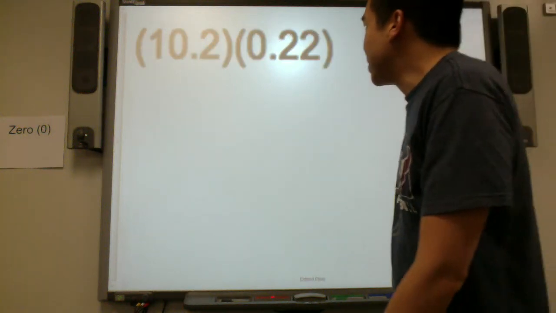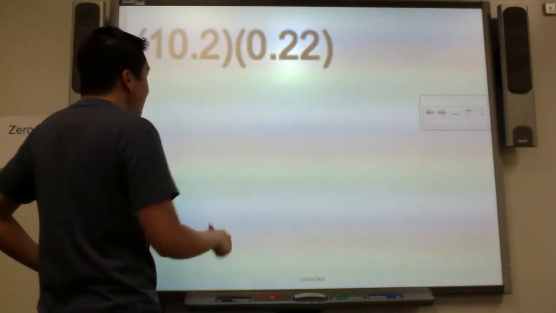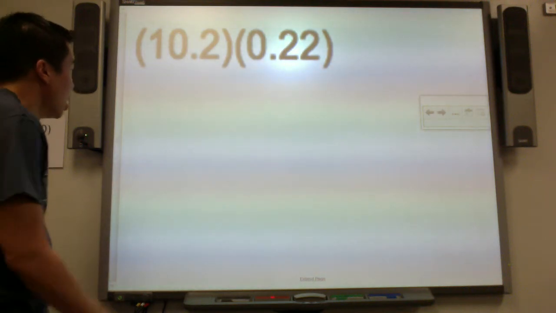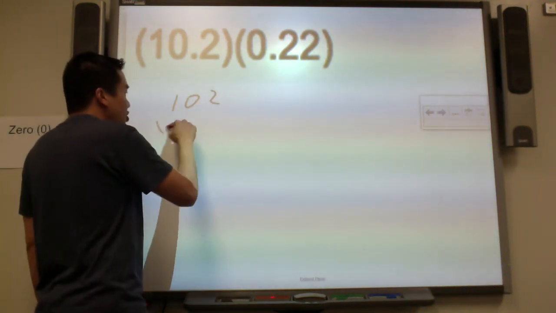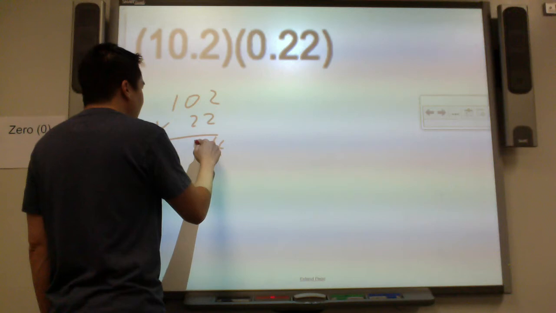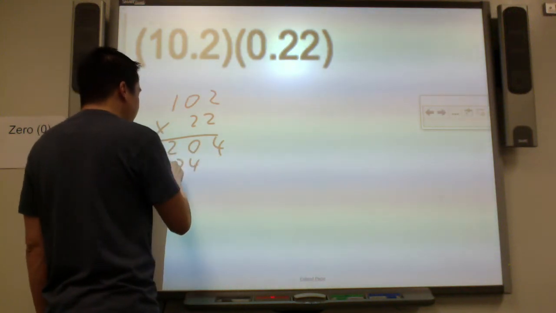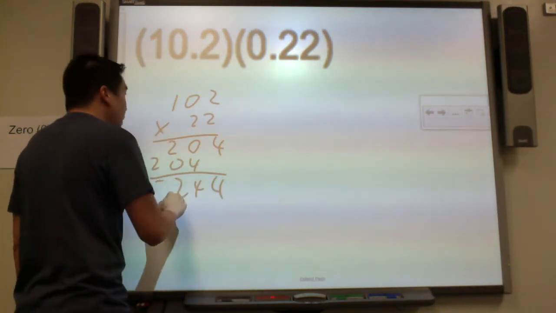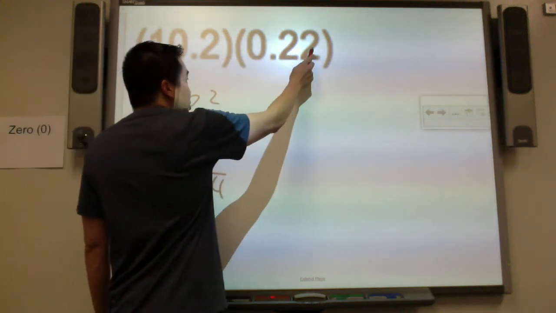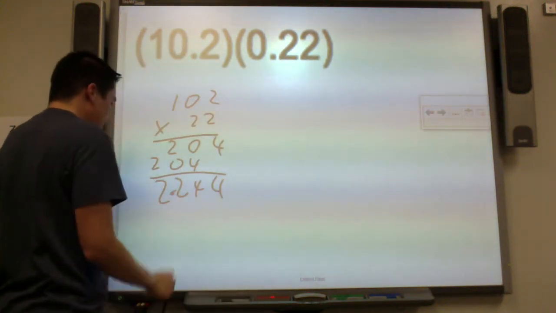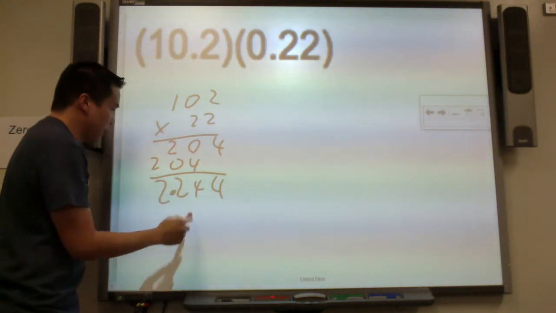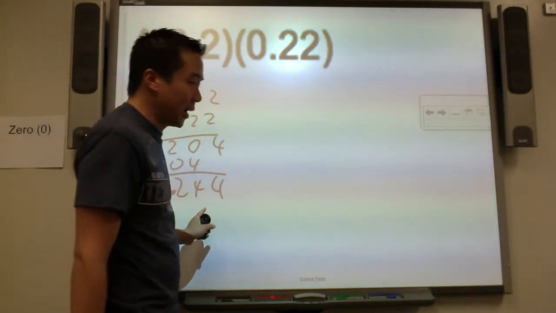Next one. So we have 10 and 2 tenths times 22 hundredths. If you would like to multiply just like regular whole numbers, go ahead. This is for those who like it this way. Tens, hundreds, thousands. So it's 2 and 244 thousandths, 3 places behind it.